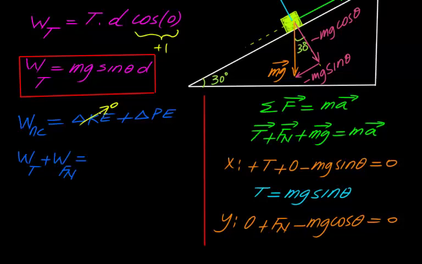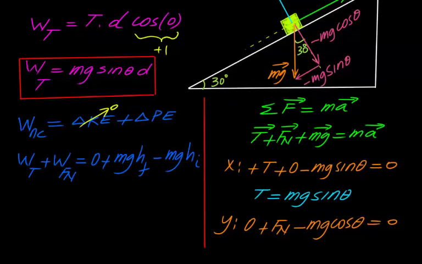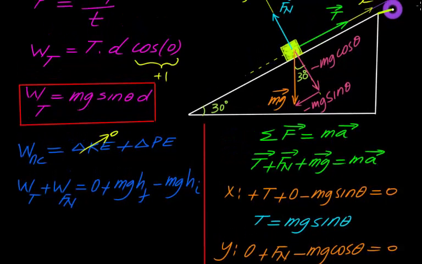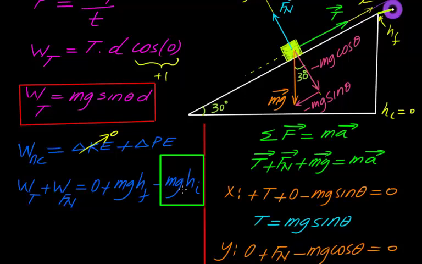The KE final must equal the KE initial. The delta PE is going to equal mgh final minus mgh initial. The reference point of measurements for the heights is going to be chosen as the bottom of the incline. Therefore, the h initial is going to be 0. The height final is going to be the top of the incline. Because of that, the initial potential energy mgh initial is going to equal 0.